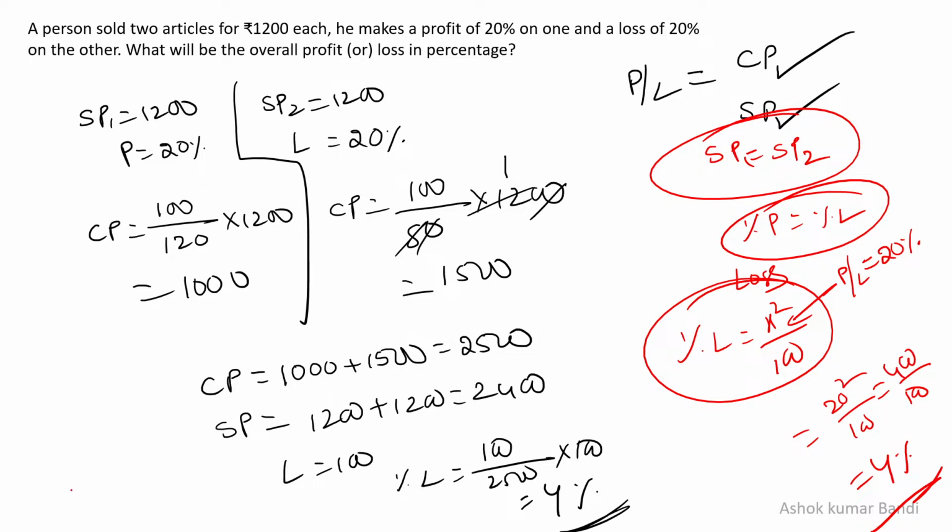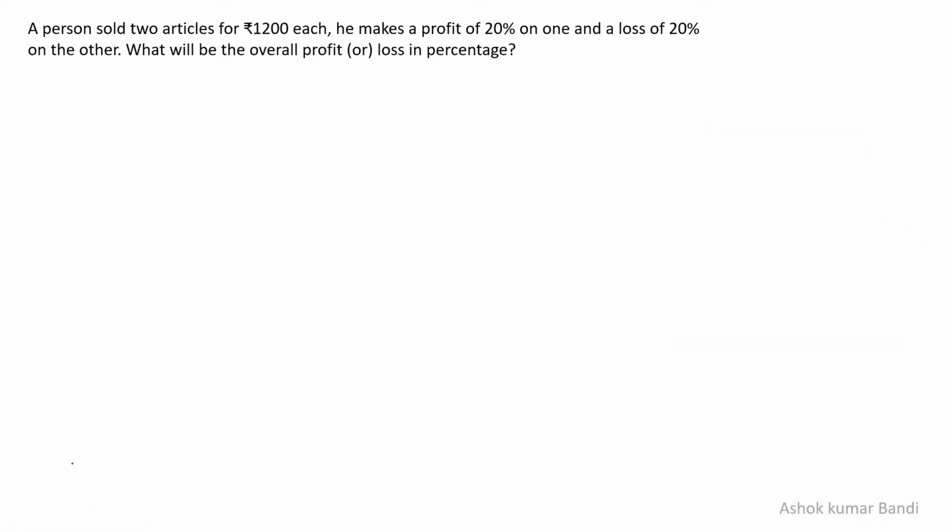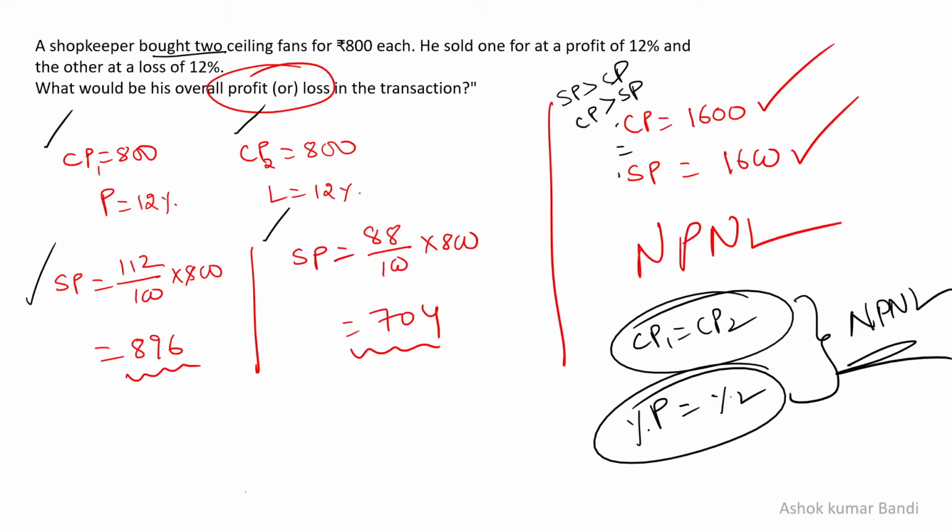So if you don't want to do this much in the examination, the easiest one is using ratio and proportions. How you are going to do it in ratio and proportions is, we are going to solve the previous one first, so you get a better idea.